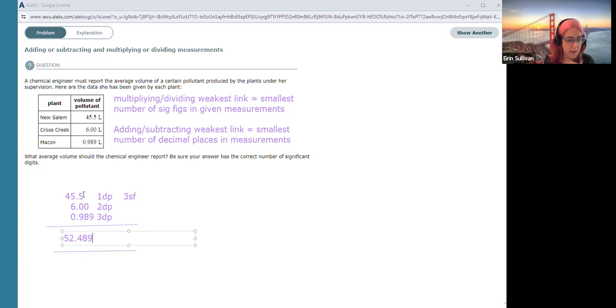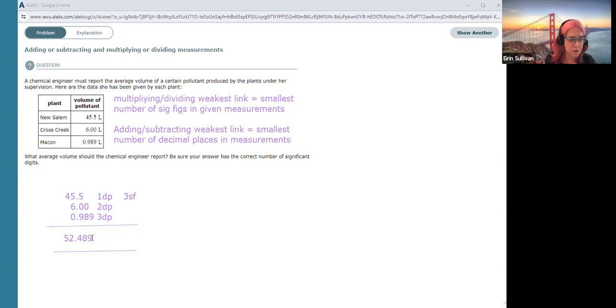In terms of decimal places, in this case it works out the same, 52.5. But you'd have to be careful. If this was 45.50, then I really should keep that second decimal place, because otherwise I'm ditching a level of precision that I had in that measurement. But in this case, it doesn't matter.